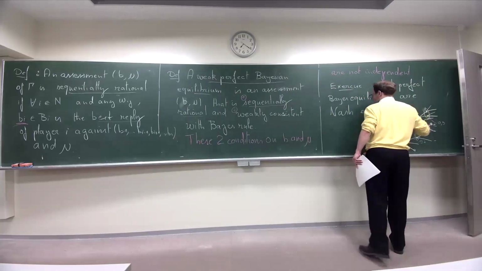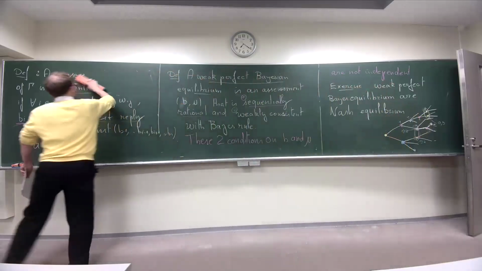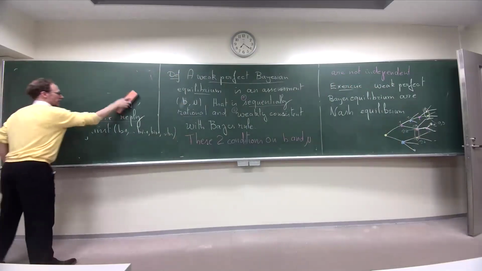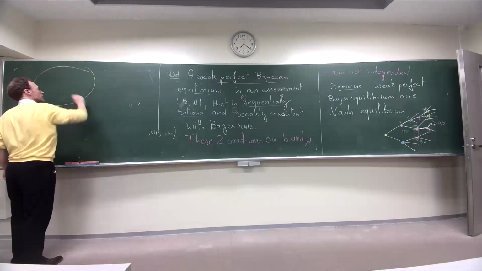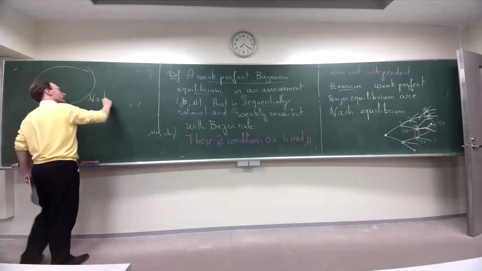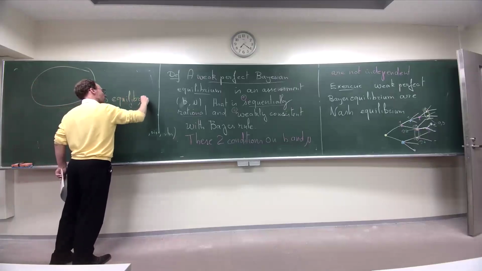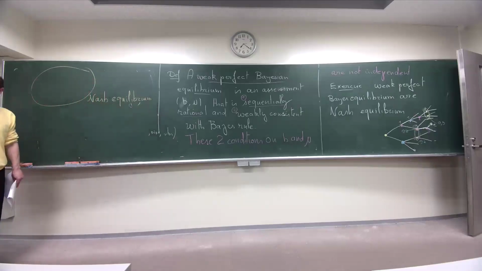So if you remember, we had a definition for Nash equilibrium. Let me just do a picture. Suppose this is the set of all Nash equilibria. Some of them are not very natural because they don't take into account the dynamic.